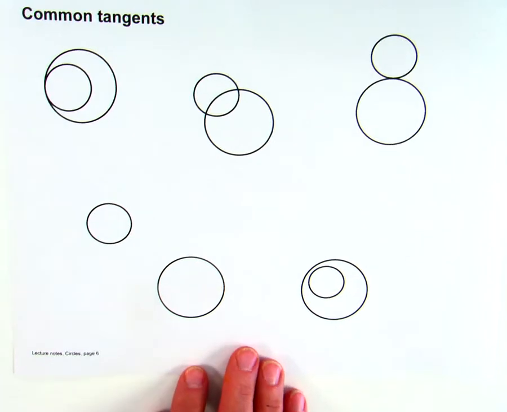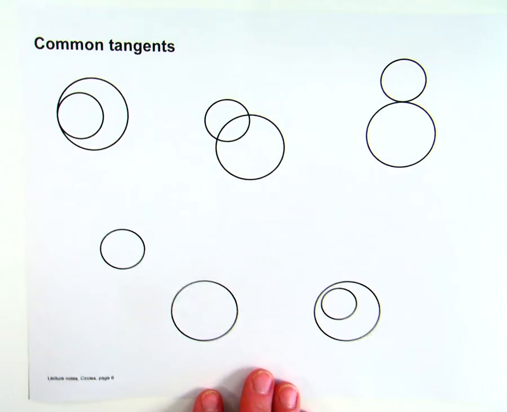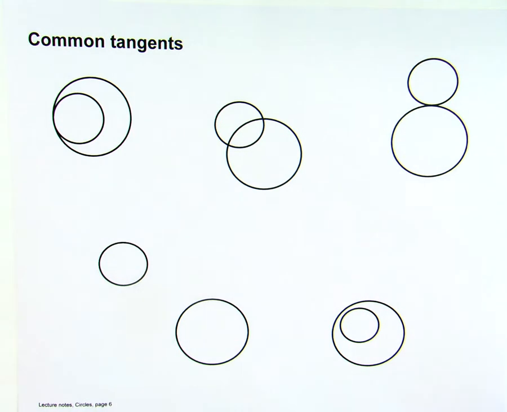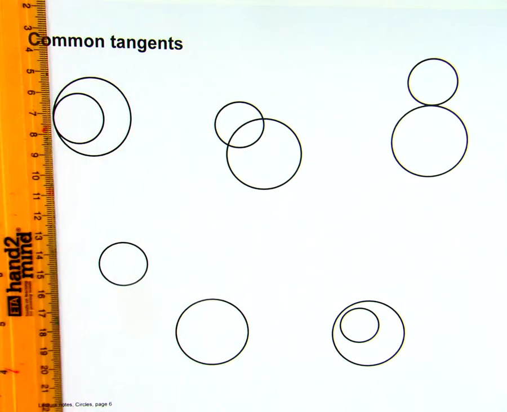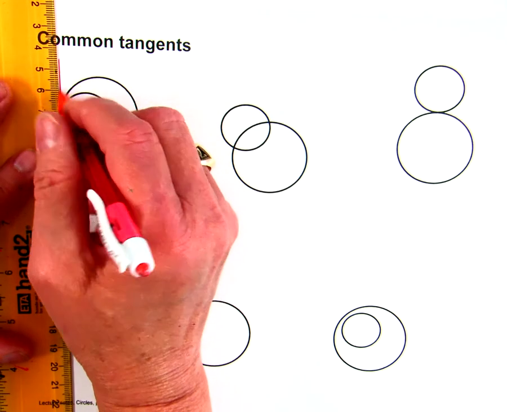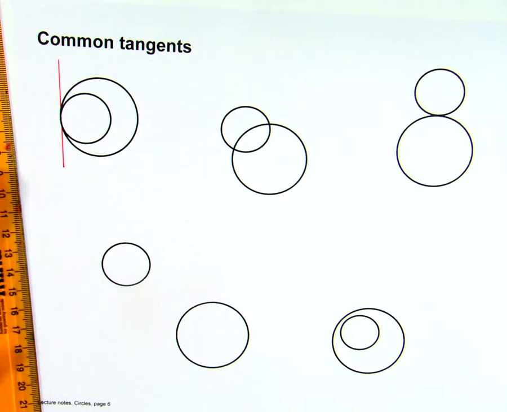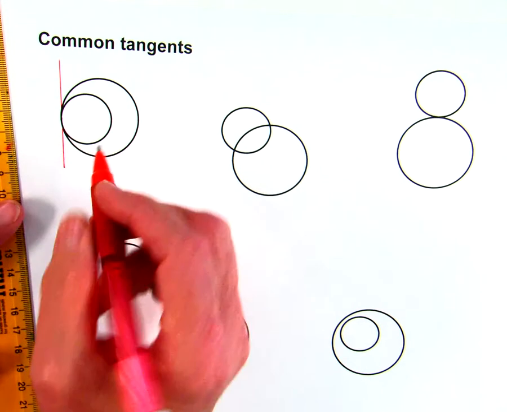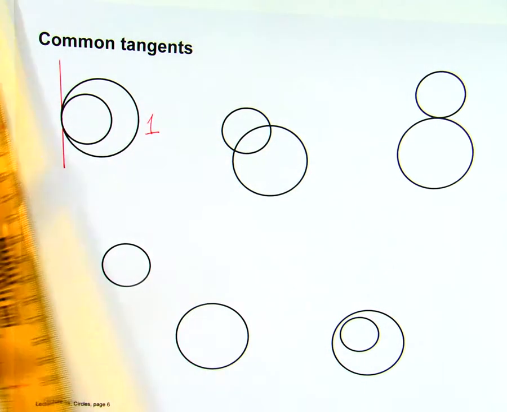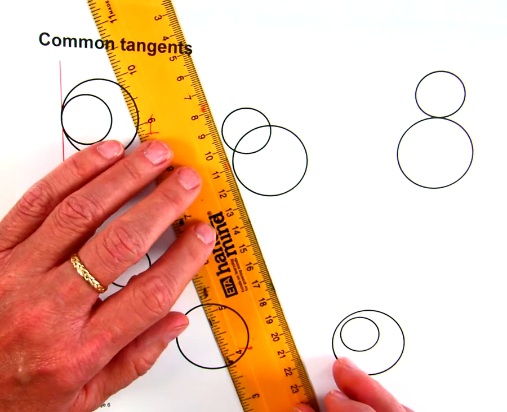Here are some examples. We talk about different types of common tangents. So the first one. Notice here that this has one common tangent. The point of tangency for both of them is the point where they intersect. This has one common tangent. These two have two common tangents.